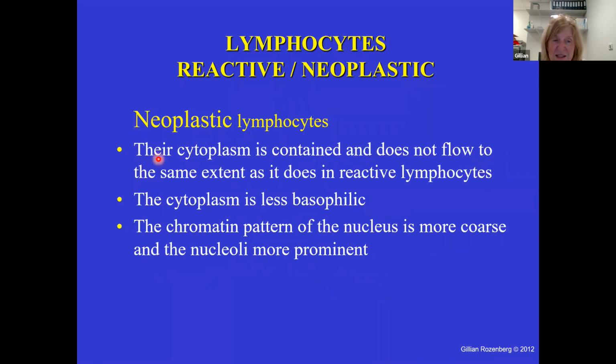So their cytoplasm, the B cells, their cytoplasm is contained, and it does not flow to the same extent as it does in the reactive lymphocytes. The cytoplasm is less basophilic, and the chromatin pattern of the nucleus is more coarse, and the nucleoli are more prominent.